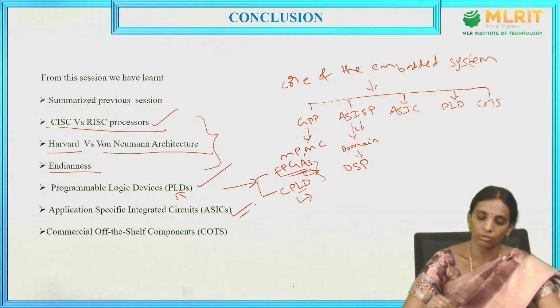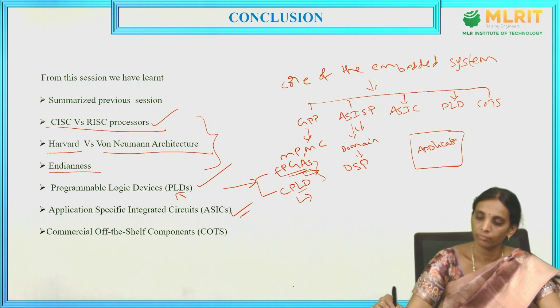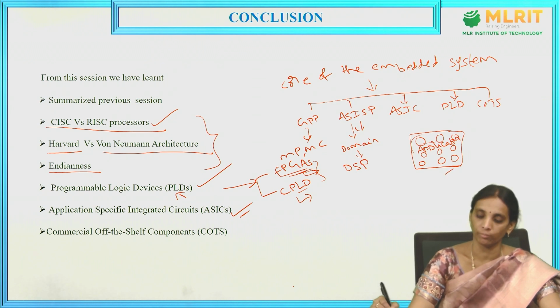This is also called system on chip, whatever design we have specified for a particular application. All the components needed for that application are to be interfaced or connected on a single chip only.